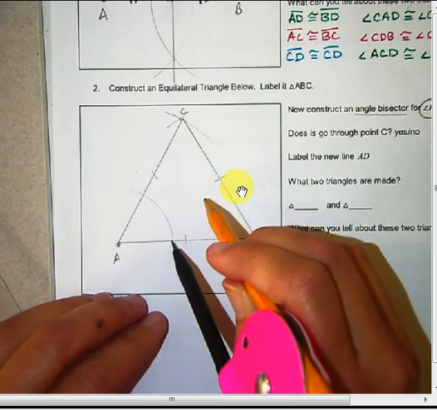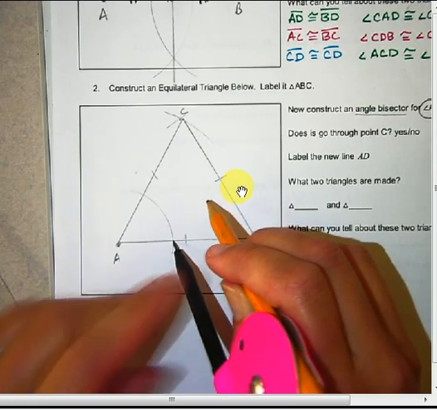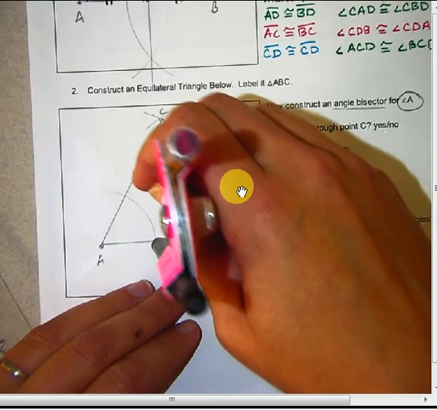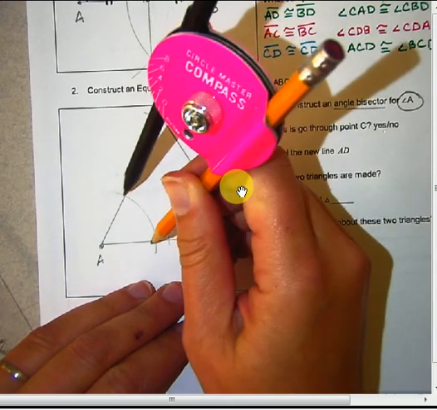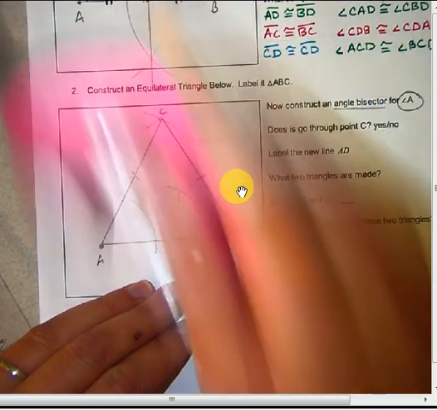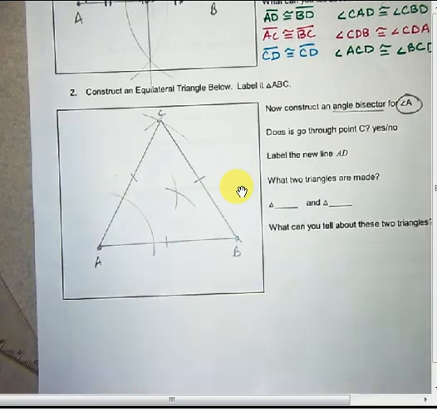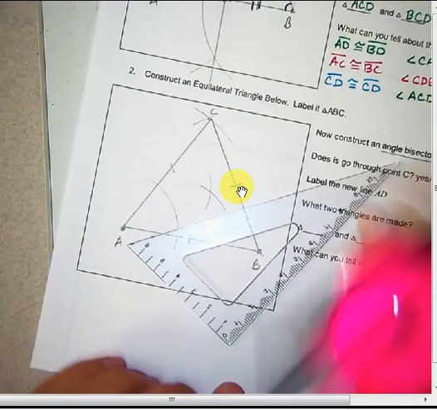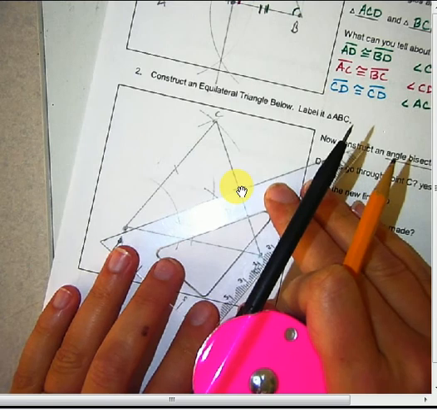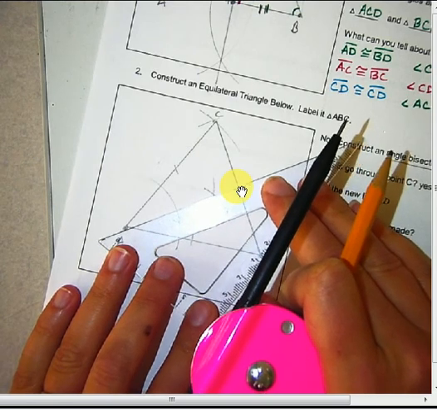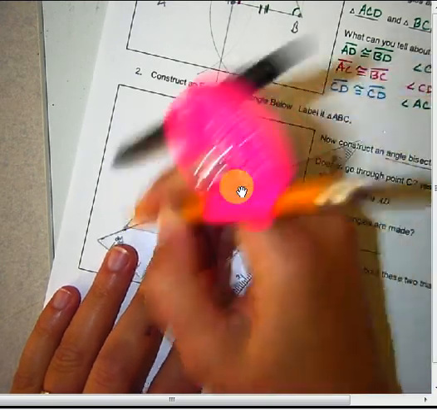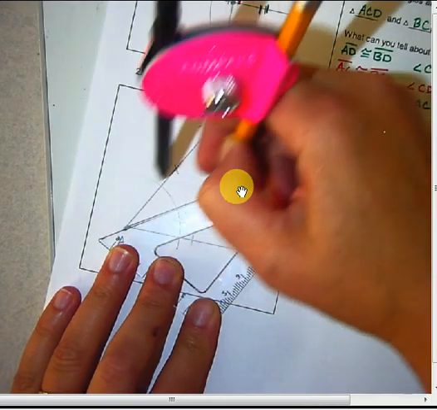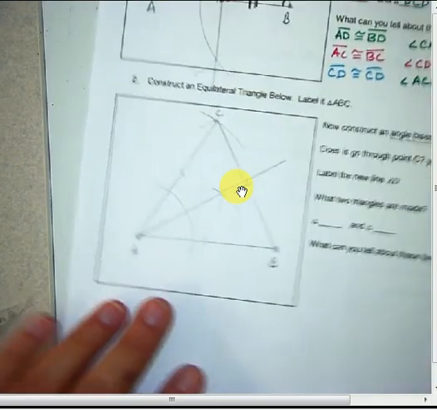From there, I'm going to put my point right there and draw an arc. Do the same thing to the other side, keeping the same distance. That gives me a point through which I can make the bisector. And now I'm going to simply draw a line through. Just like that. All right.